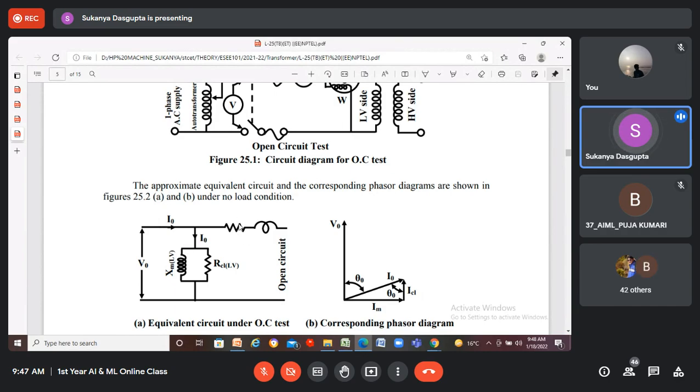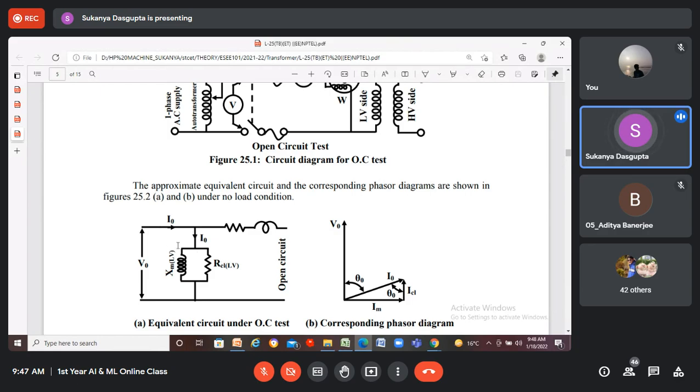This is the primary winding resistance, primary winding reactance, and these are the no load components, right? The no load current I naught, because now the secondary side is left open. There is nothing at the secondary side. Okay. So the primary current will be drawn from the primary voltage only in order to magnetize the core. And this effect will be represented by these two parameters in the equivalent circuit, the magnetizing reactance Xm and RCL, the resistance supplying the core loss only.